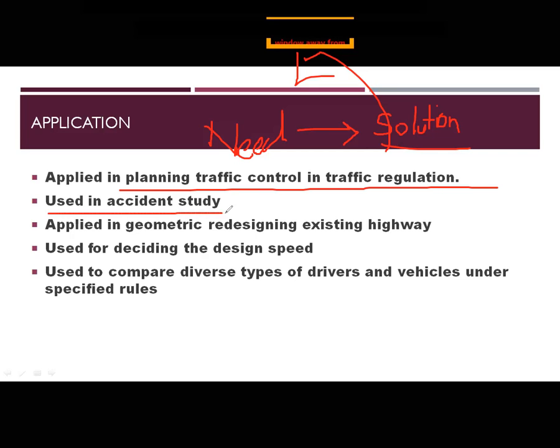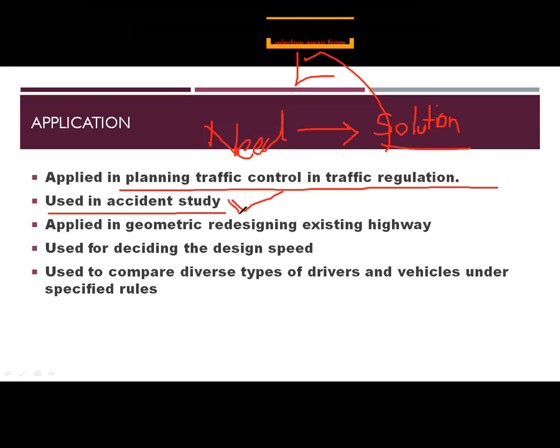Then it is used in accident study. This is important: if at a particular spot of a road too many accidents are happening frequently, there must be an effort to find out the reason behind these accidents, so that we could understand.